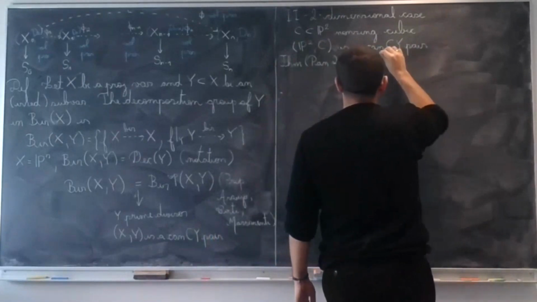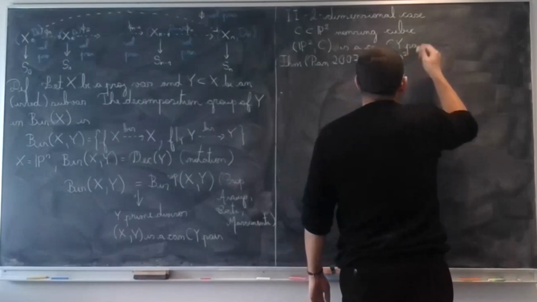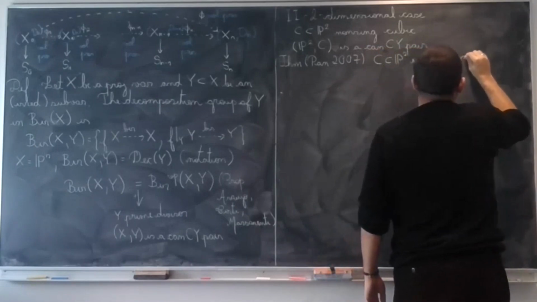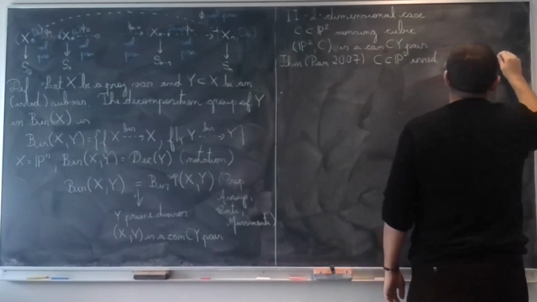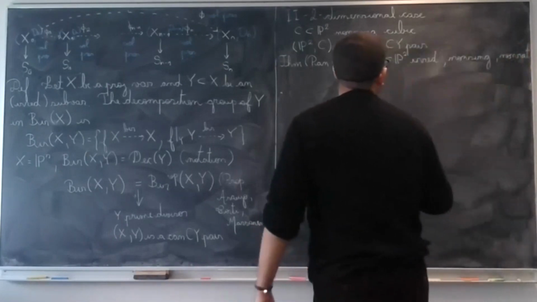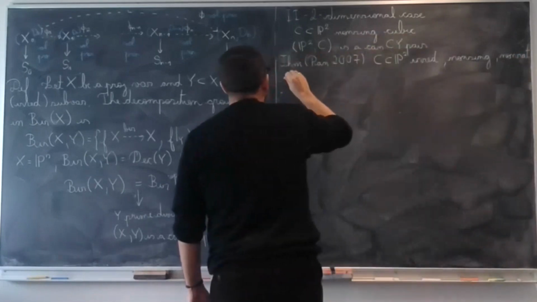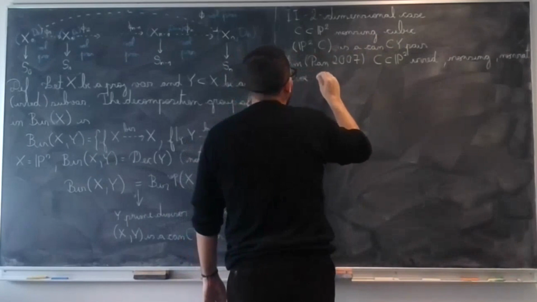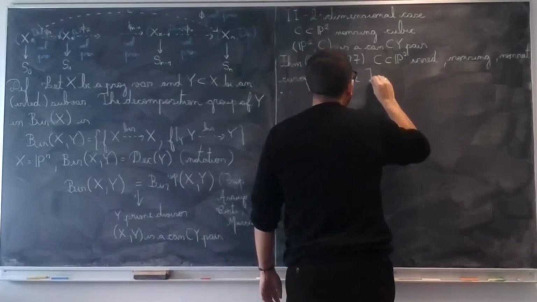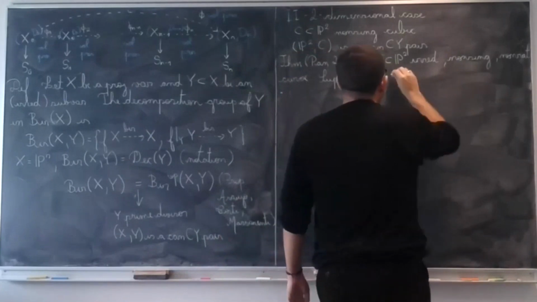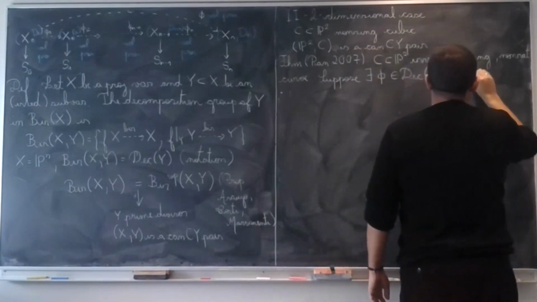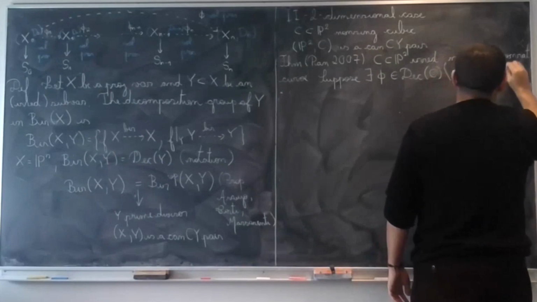So if you consider C an irreducible, non-singular, non-rational curve, and suppose that there exists a map belonging to the decomposition group of this curve, which is not a linear automorphism of P2, which is given by PGL3(C).